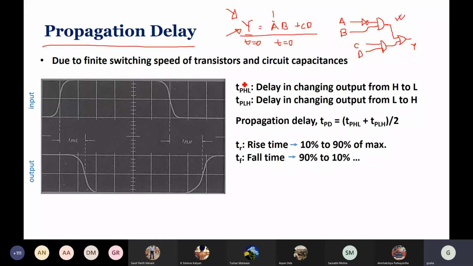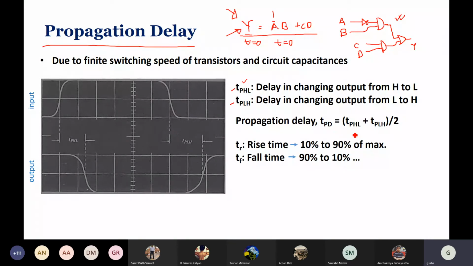We usually try to work in a manner, in the design etc., that both are of the same value, but because the charging and discharging parts are different, it is quite possible that they are different. Okay, but we shall try that they are of similar orders to avoid certain things, and overall propagation delay is the average of these two, right?